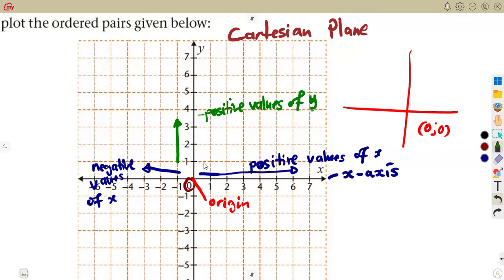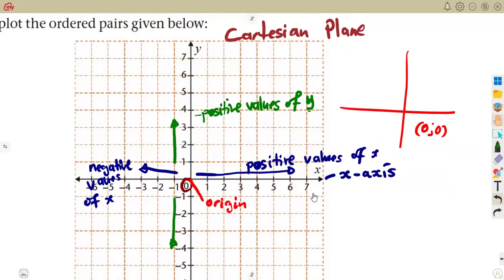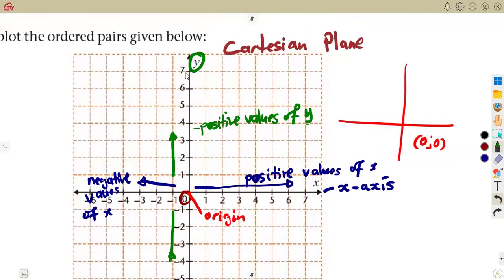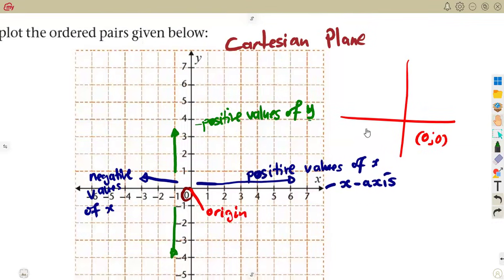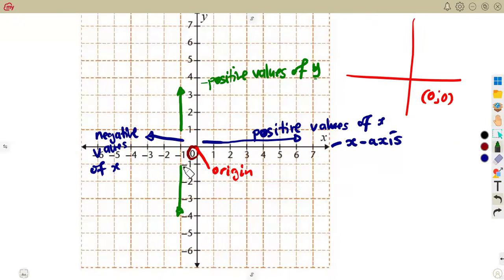That is considering the part of y. Going down, these are now negative. But of what? The same y that we had, but it is being negative this time as it is going down: -1, -2, -3, -4. We are going down. These are negative values of y.